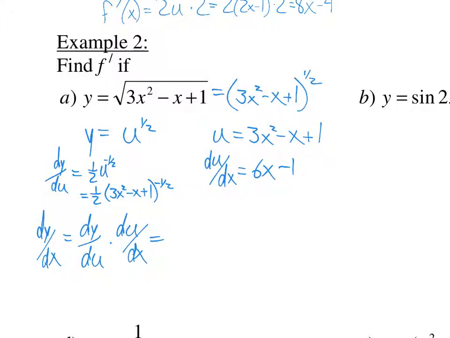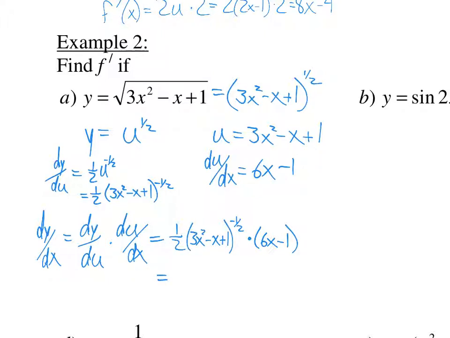dy du is 1/2 times 3x squared minus x plus 1 to the negative 1/2 power. Now we're multiplying it by the du dx. Here's where the 6x minus 1 comes in. And we just simplify our answer.